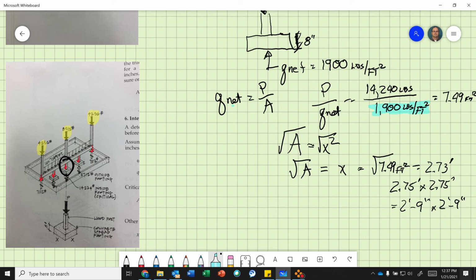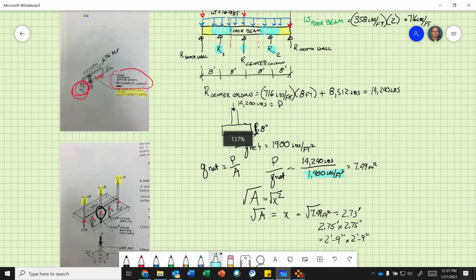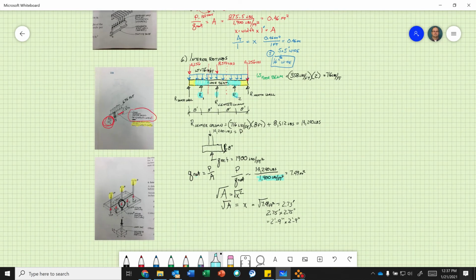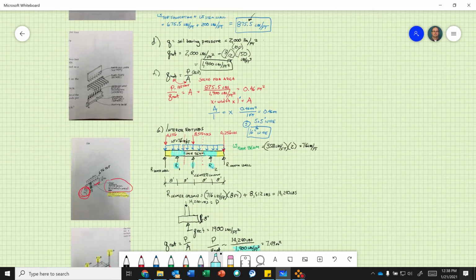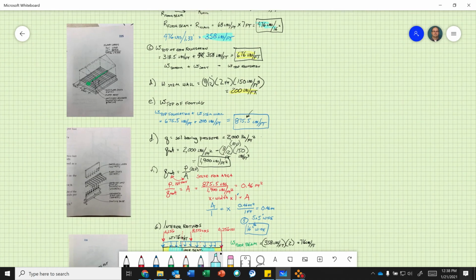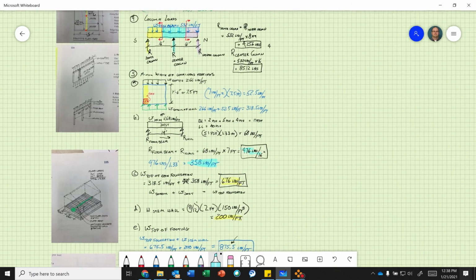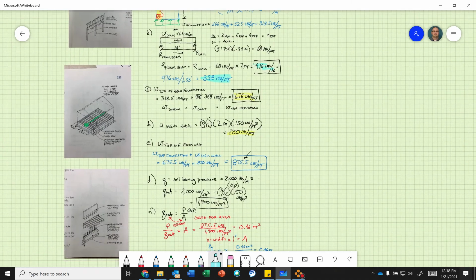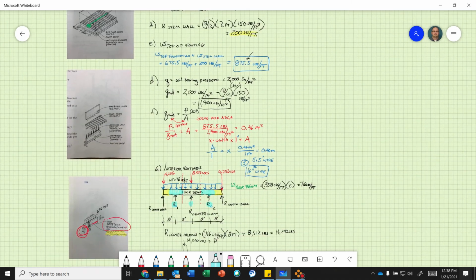Okay. I do believe we solved all the problems the question asked. So hopefully by me going through this and going through the diagrams, this is the thought process on how to get through these problems. So what I want you to do is go through this.